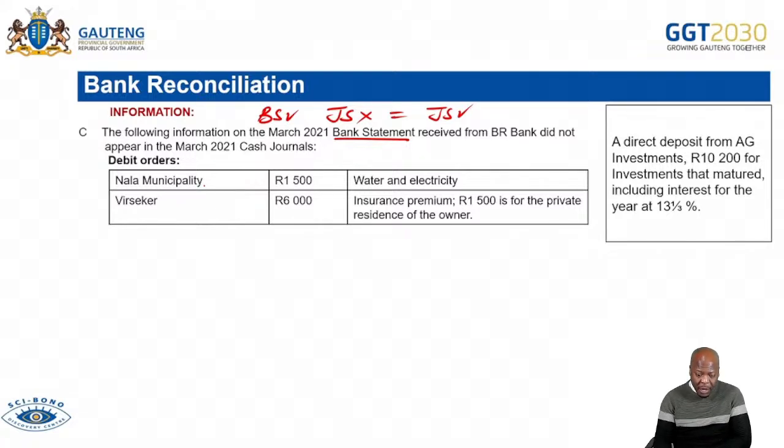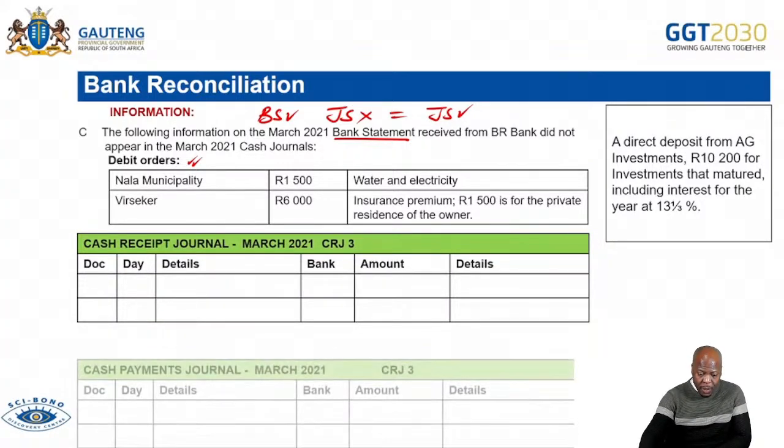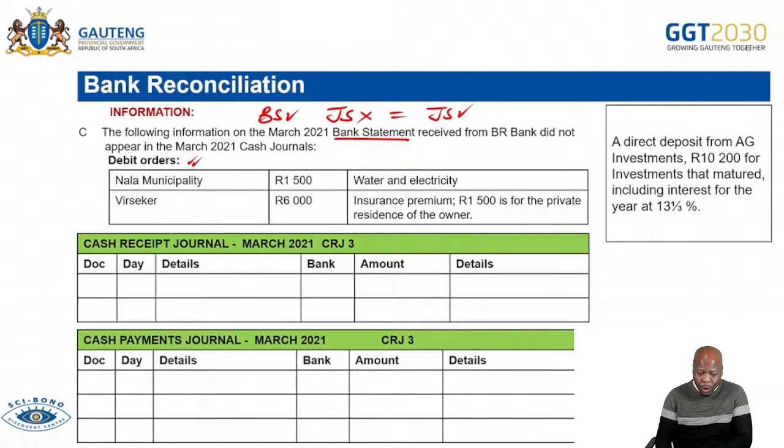Let's read. The first one reads, Nala Municipality 1,500 for water and electricity. So we know that these are debit orders. So we're dealing with payments here. That means we're going to record that. Is that in the CRJ? Do we record in the CPJ? Yes. So I'm going to come here and I'm going to say, this is a payment. I'm going to bring it here. The document is my bank statement. The date, remember, we're on the last day.